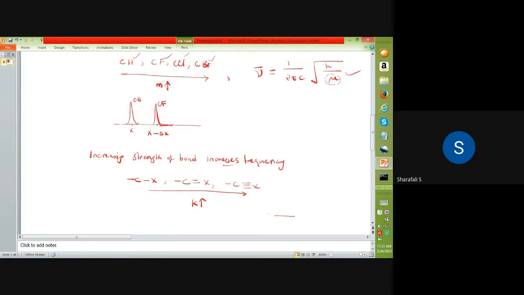So in this case, how will the spectra look? Initially your spectrum is at this position, at C-X.